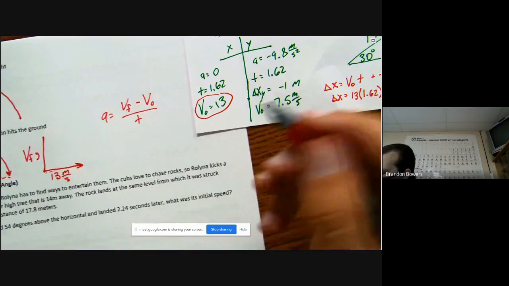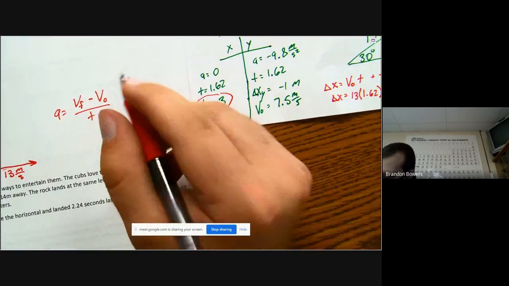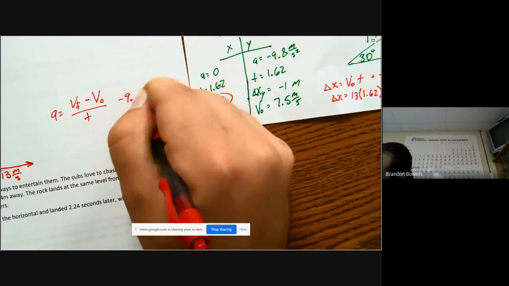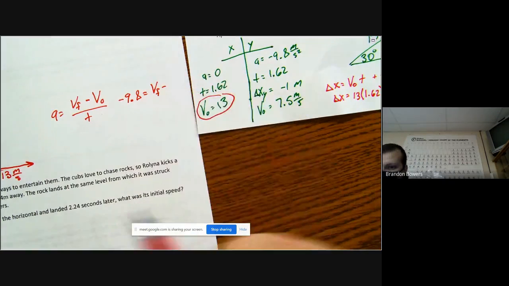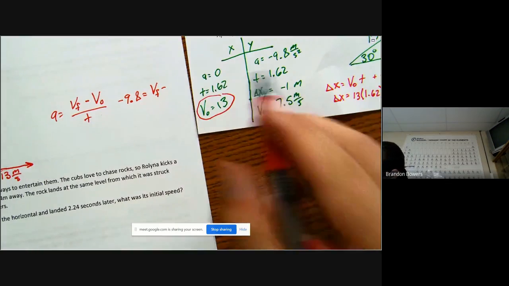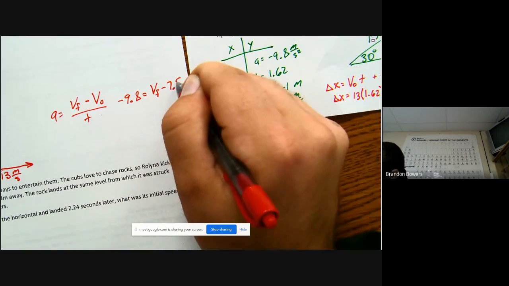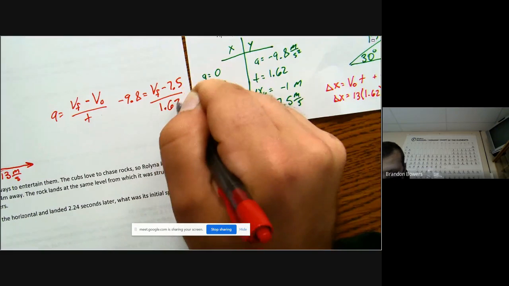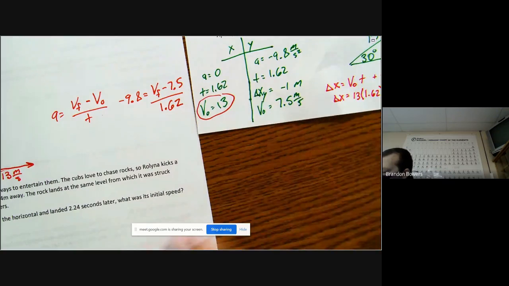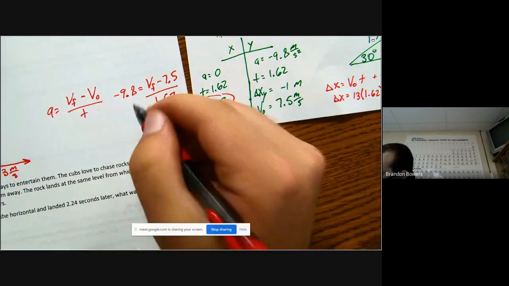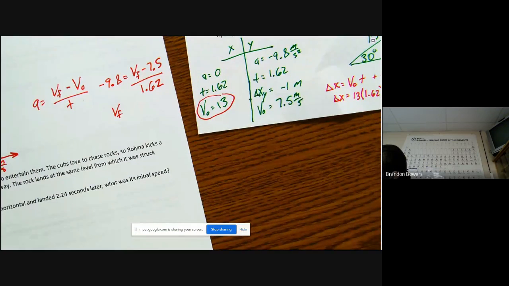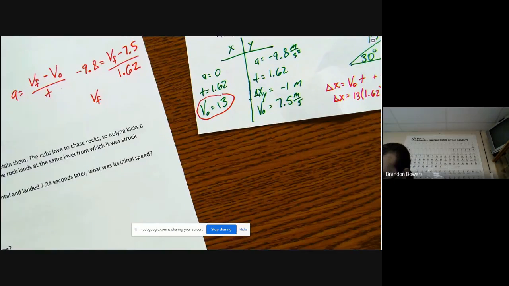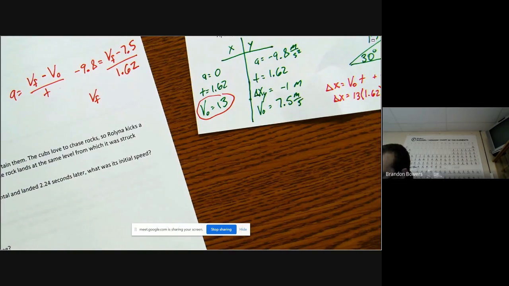Acceleration in y is negative 9.8, initial velocity is 7.5, and time is 1.62. So I'm going to multiply negative 9.8 times 1.62. Not 162, 1.62.